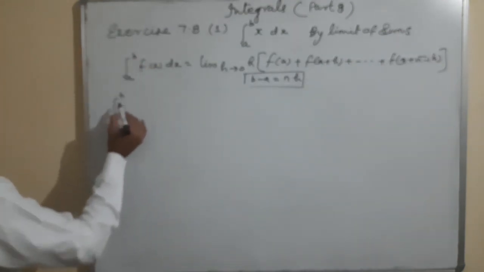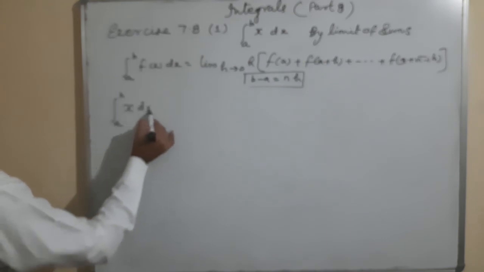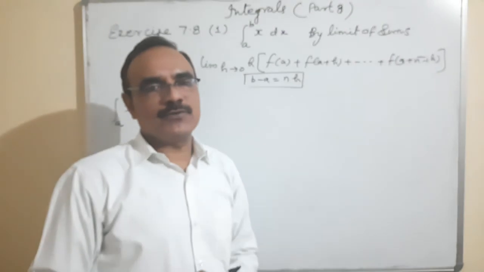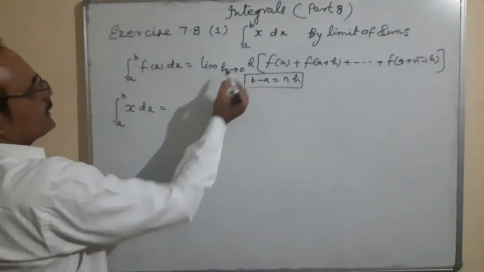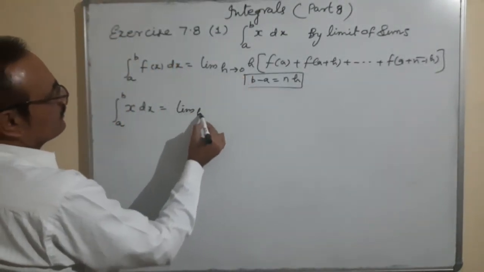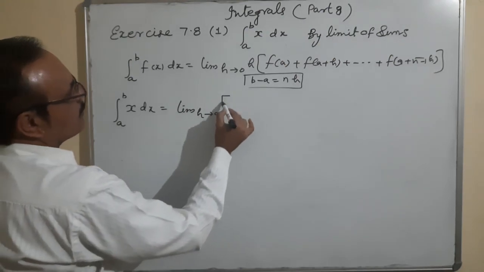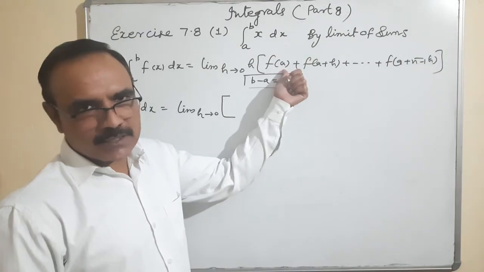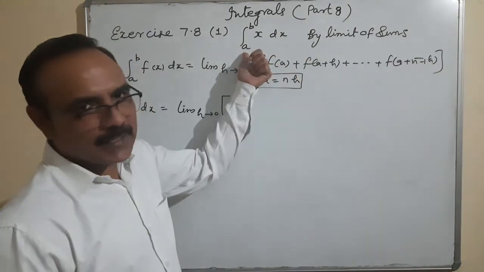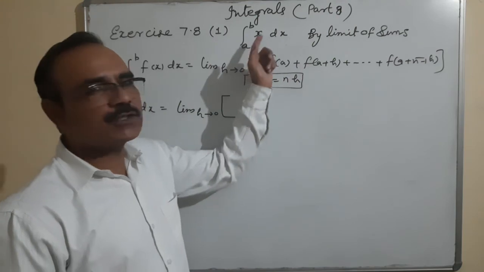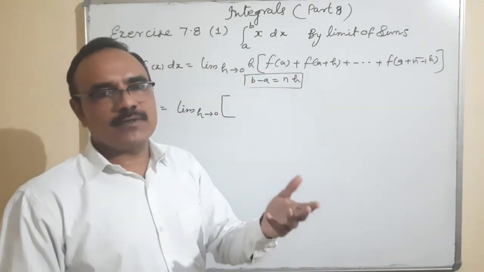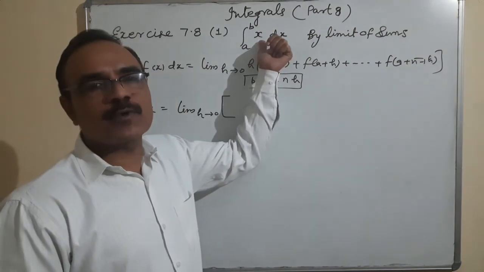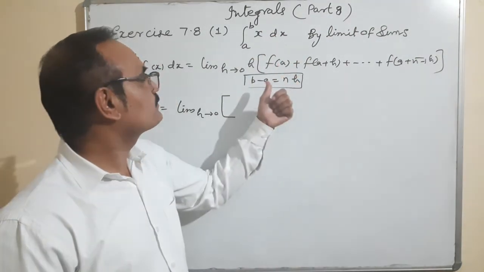Integral a to b of x dx is equal to, okay, look at this formula, I am substituting the values. Limit h tends to 0, f of a. What is the meaning of f of a? This a stands for lower limit. Lower limit is a itself. F of a means that in this question, where there is a variable x, in place of x we have to put the lower limit. What is the lower limit? a.